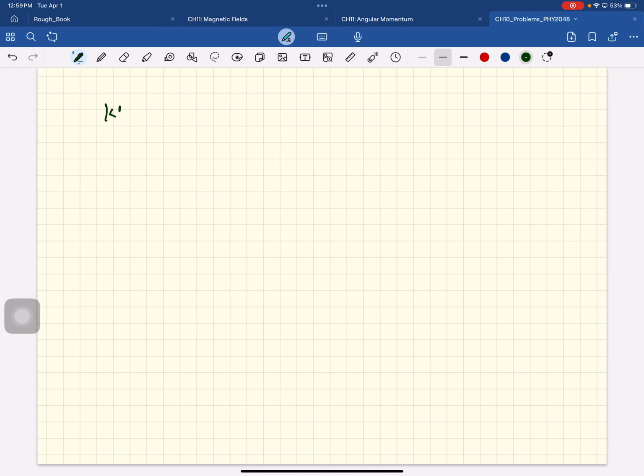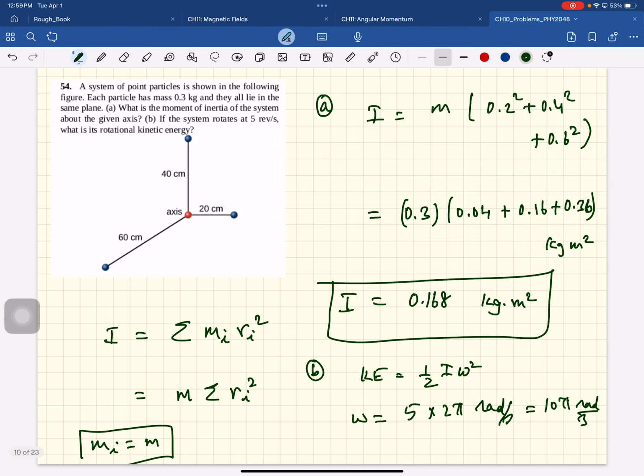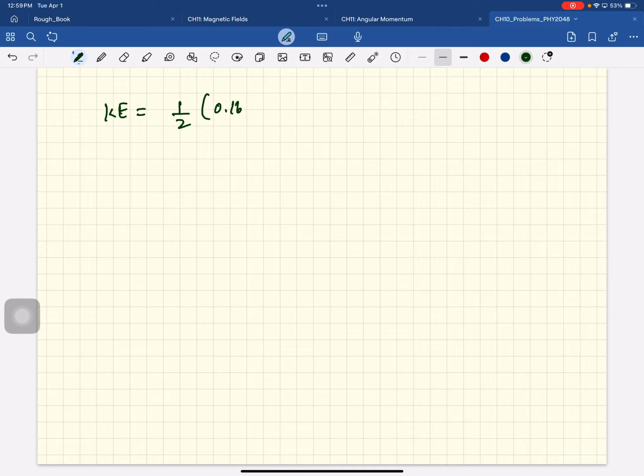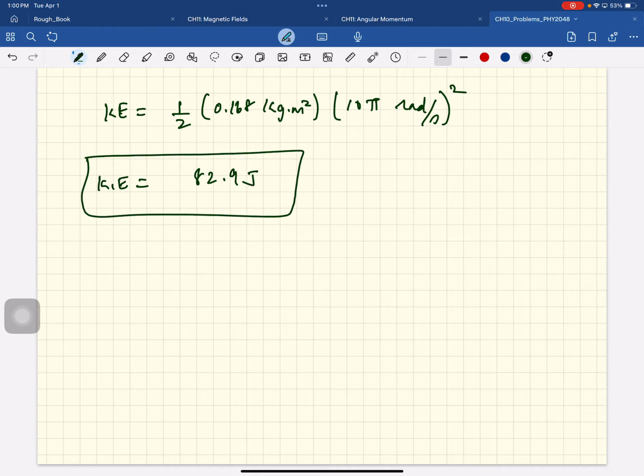So the kinetic energy is 1/2 times 0.168, which gives about 83 joules.